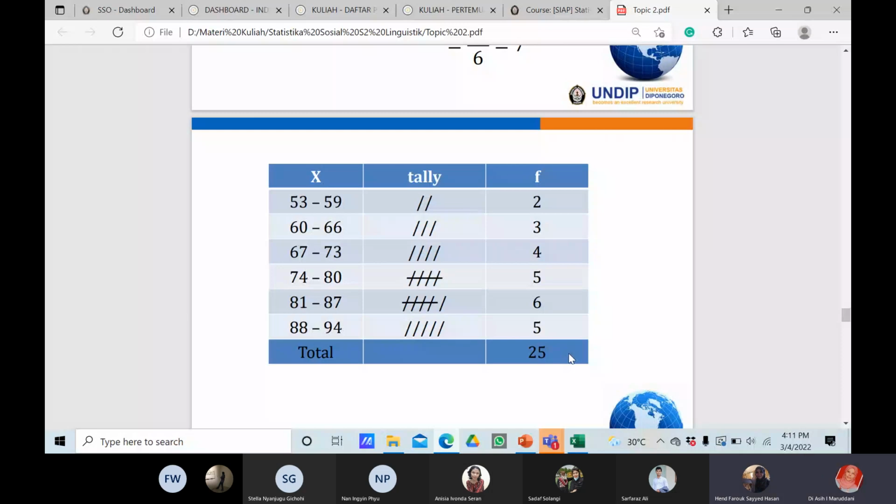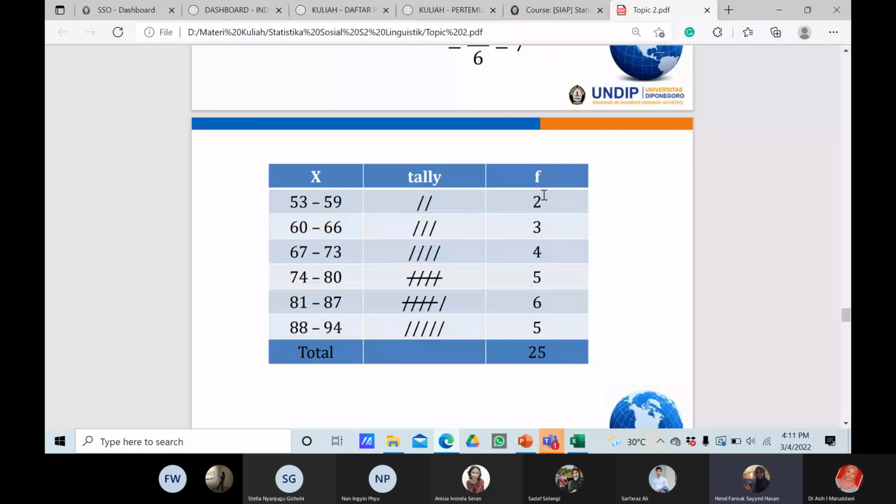Okay, I just want to ask maybe about the last part, the group frequency. I didn't really get it very well. For example, we said that from the grade 53 to 59 in the first row, the number of students is 2. So why did we make 53 to 59?